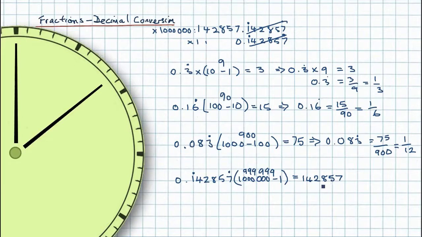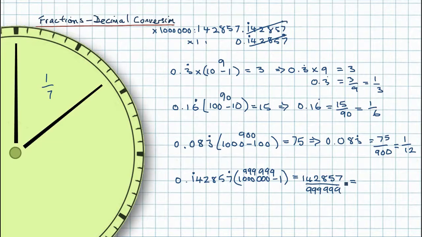So big number. And I divide by 999,999. I reach for my calculator, and I'm hoping it's going to be a 12th. Sorry, not a 12th, a 7th, because that's how I got my decimal to start with. So, are we going to get a 7th? Let's type the numbers into the calculator.